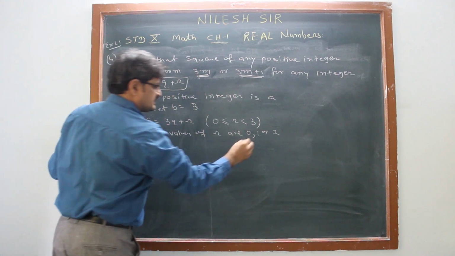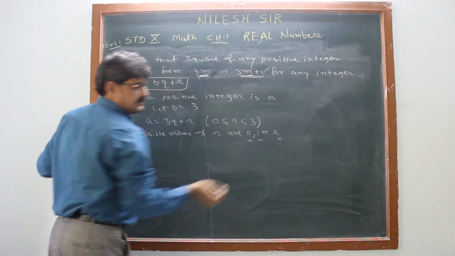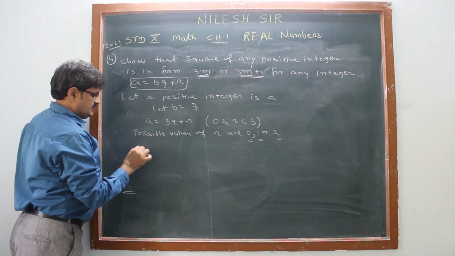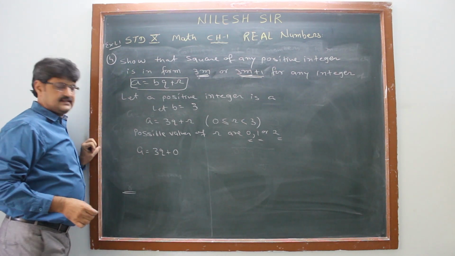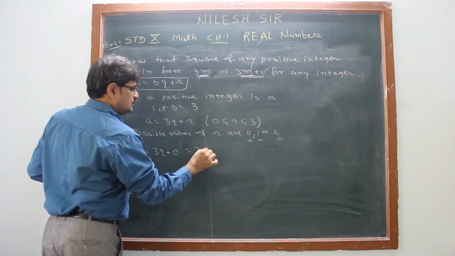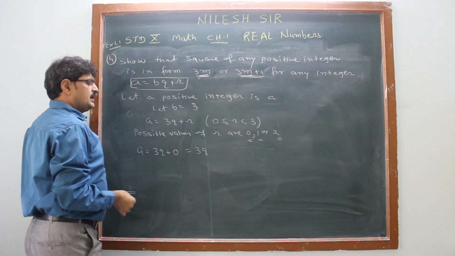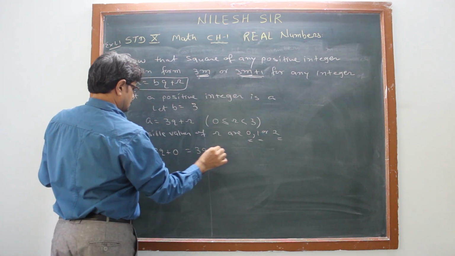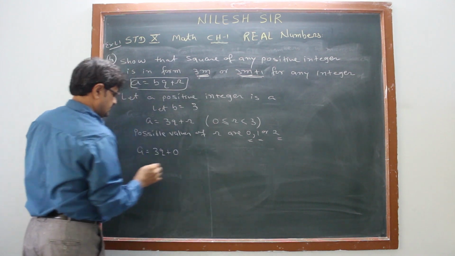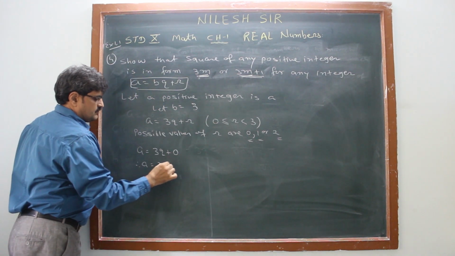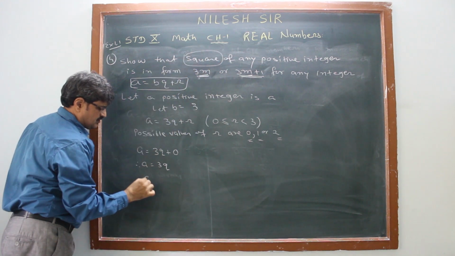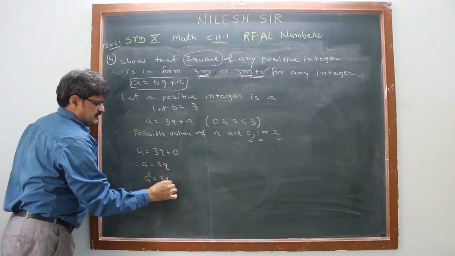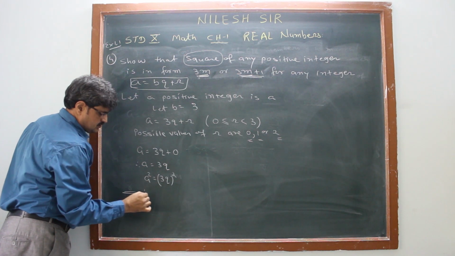Now we have to substitute 0, 1 and 2. First we have a is equal to 3q plus 0, that is equal to 3q. Now we want the square of that number, so I will take the square on both sides.